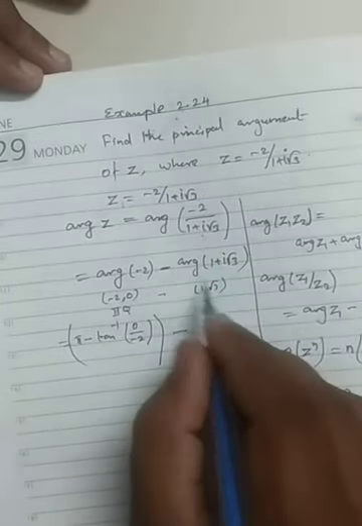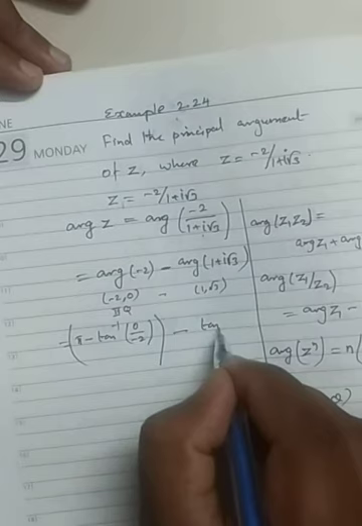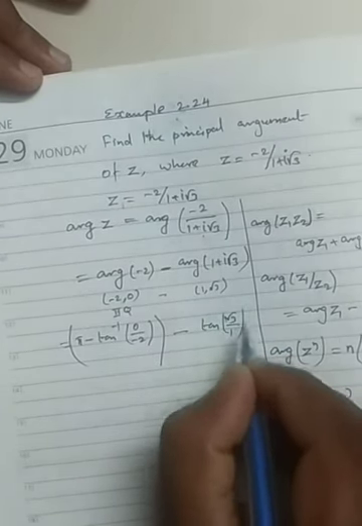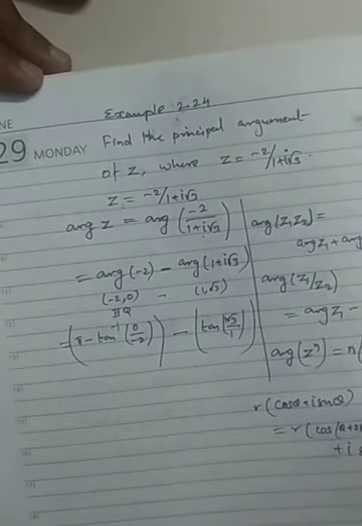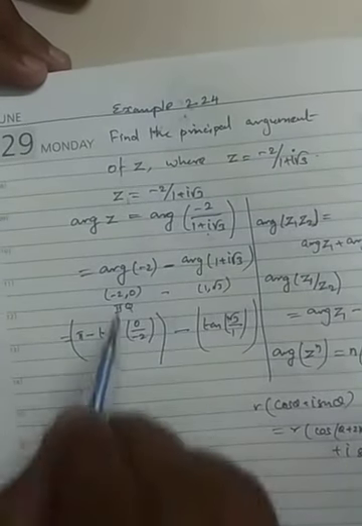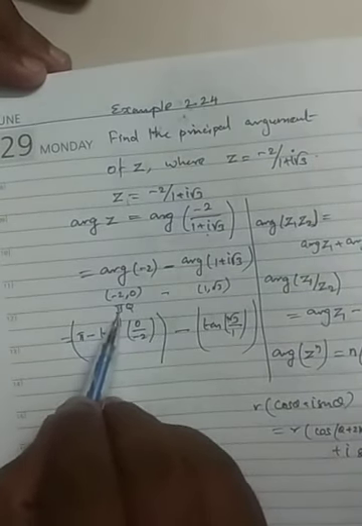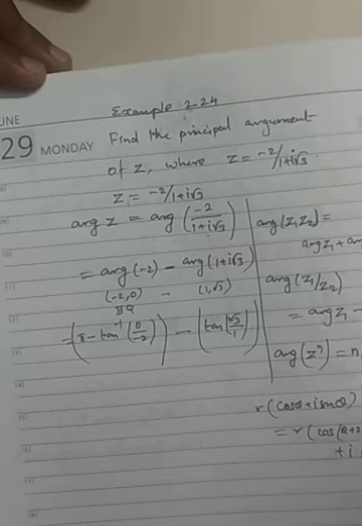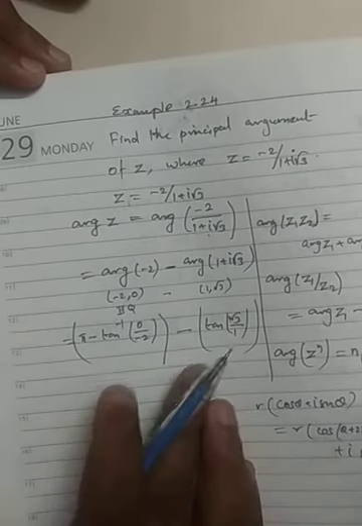For the second, it lies in the first quadrant, so tan inverse of root 3 by 1 will come. There is no doubt in it. Here it is -2, 0, which lies in the second quadrant, whereas here it is the first quadrant. That's why we write it in this form: pi minus tan inverse of root 3.